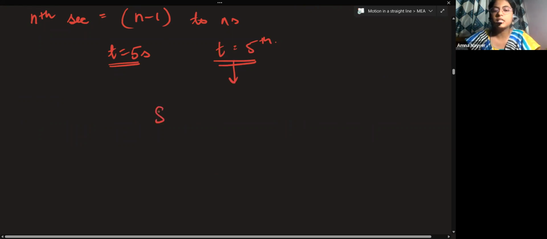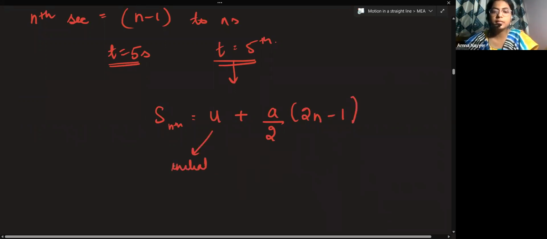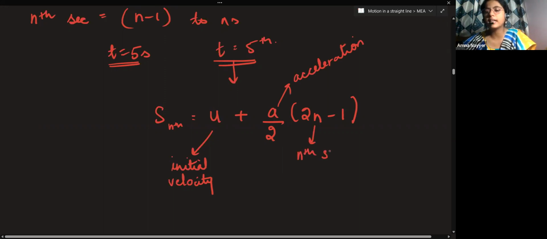If you get this case, the displacement for nth second is basically u plus a by 2 into (2n minus 1). Now u is the initial velocity, a is the acceleration, 2 is the constant, n is the value of the nth second.